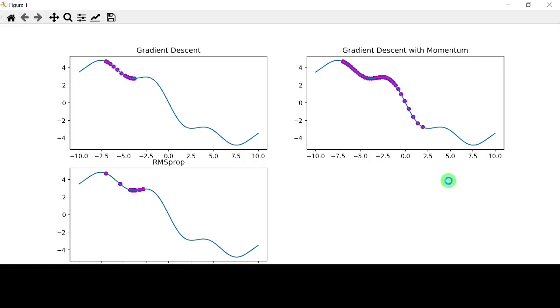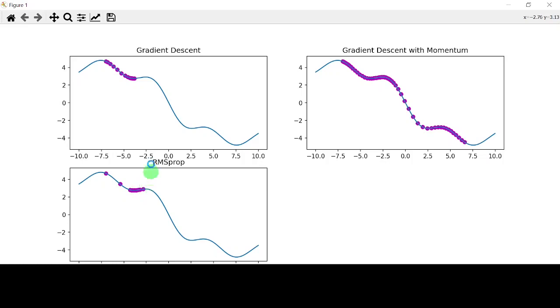It's a little bit laggy, but you see that gradient descent with momentum does a lot better in this instance. And that's because this local minimum up here, that's where the gradient is 0. So gradient descent and RMSprop are kind of contained there. You can see that RMSprop manages to get over here a little bit, but it's not quite enough.